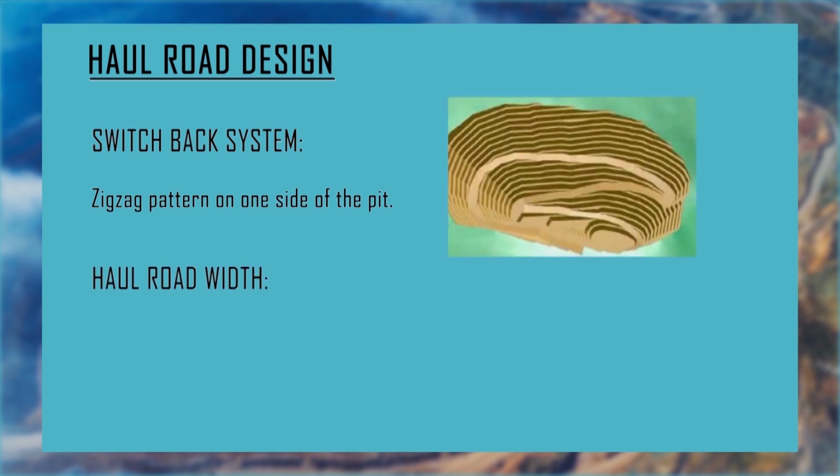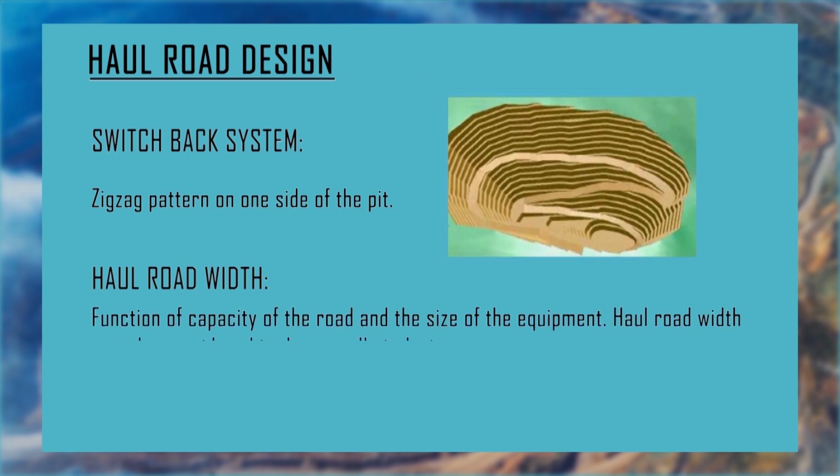Haul road width is a function of the capacity of the road and the size of equipment, and the haul road must be considered in the overall pit design, because it should be a two lane system, as heavy machinery like dumpers or haul packs is continuously moving on the haul road.